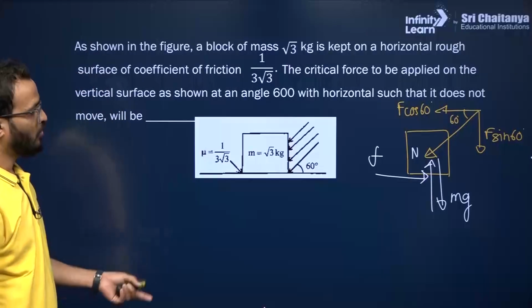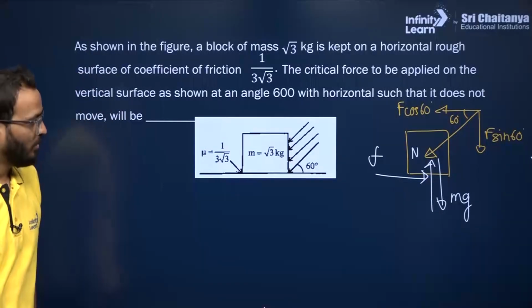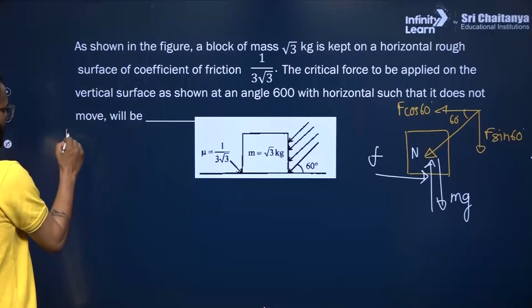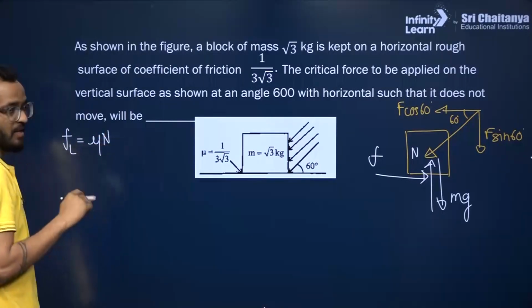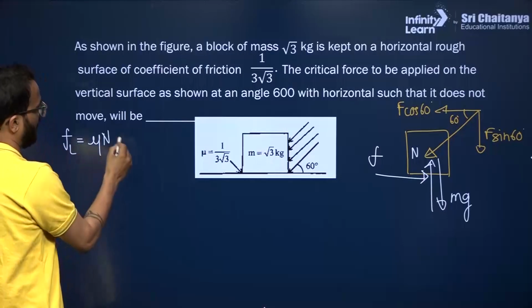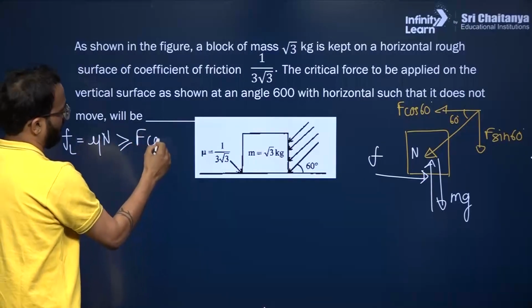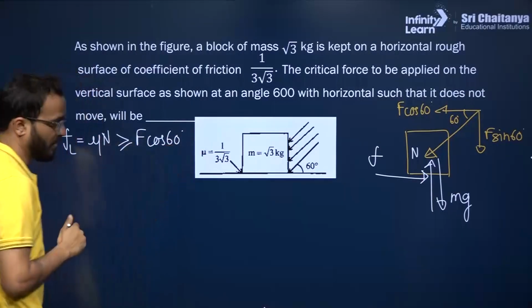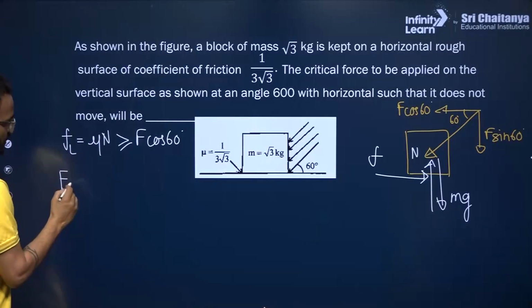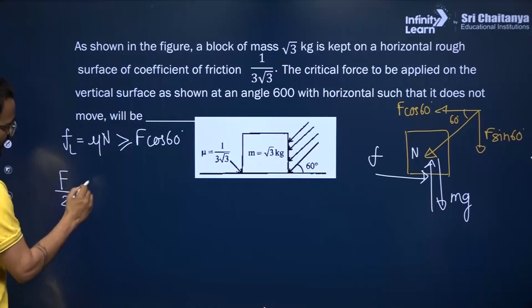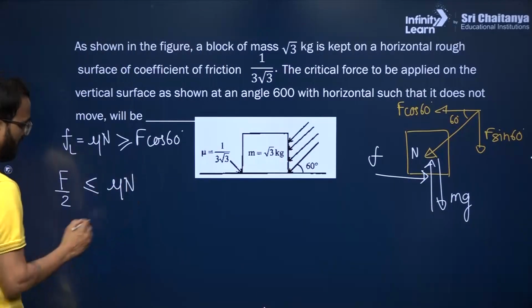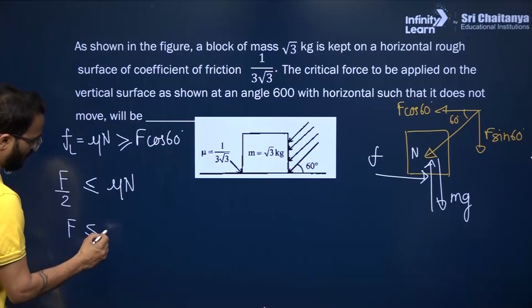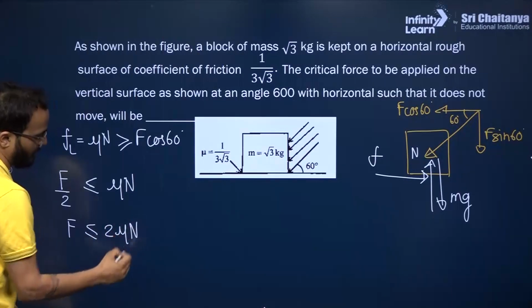Okay, now you want to keep this block at rest. So we have to ensure that limiting value of the friction, which is equal to mu N, must be greater than or equal to F cos 60 degrees, right? So F cos 60 is half. So F by 2 must be less than or equal to mu into N. So F must be less than or equal to 2 mu into N.